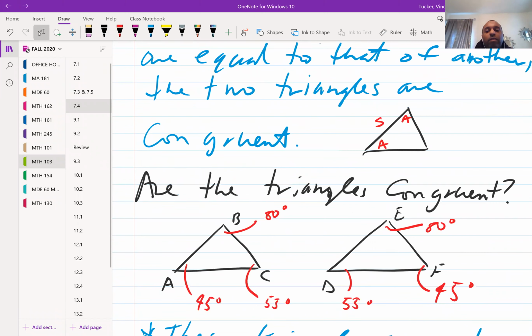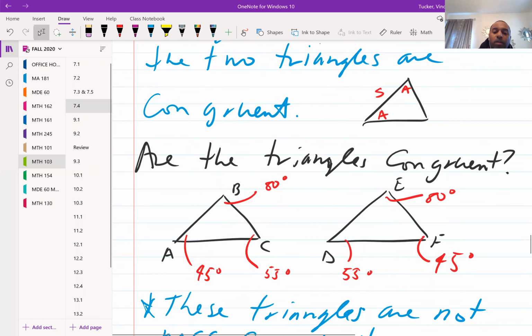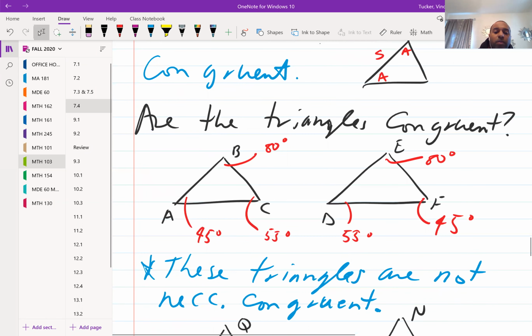So here we have, are the triangles congruent? And the only information that we have is that all three angles are equal. All right. And so these triangles are not necessarily congruent. They do not satisfy either theorem.